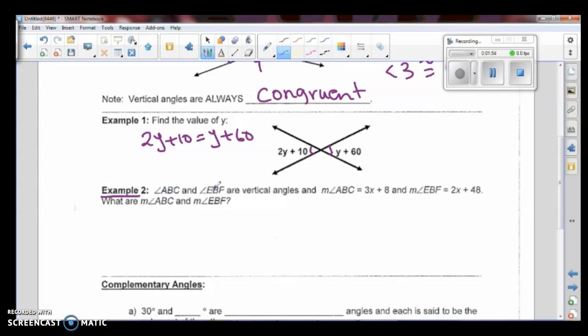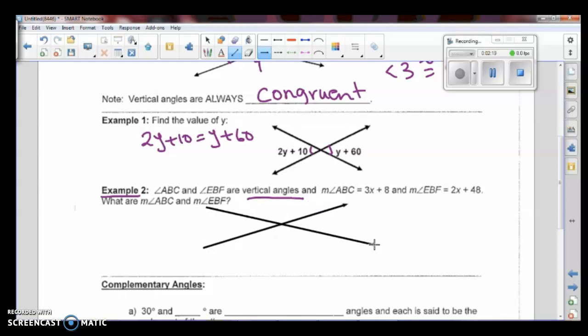Let's look at example 2 now. ABC and EBF are vertical angles. So again, this should be a clue that if they're vertical angles, we know that they're congruent. So let's just draw a picture so we can see what we're looking at here. Vertical angles are 2 lines crossing each other, just like a pair of scissors.